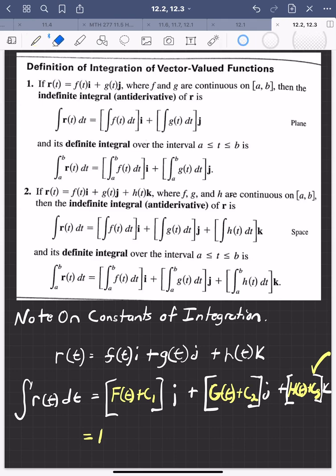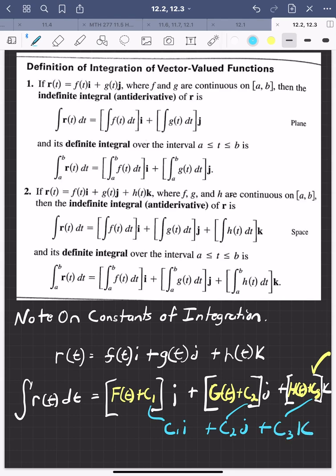Let me focus on the constant part. What they'll do is break up the f of t and the constants so that you have c sub 1 I plus c sub 2 j plus c sub 3 k.